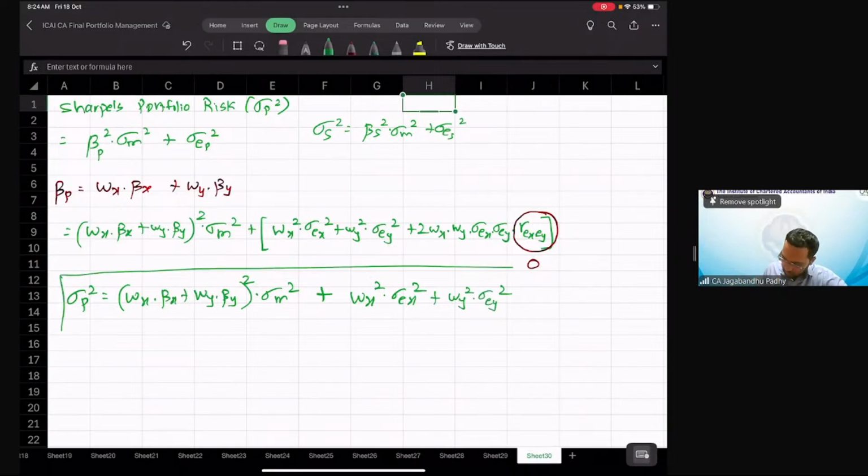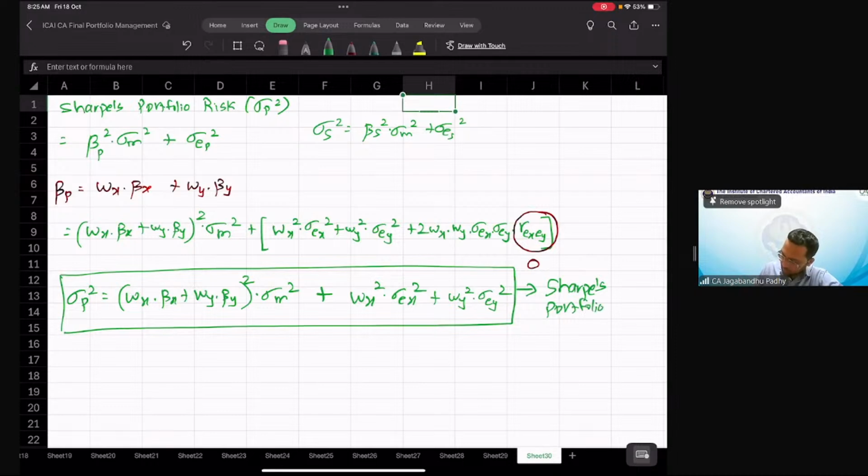This is the formula given by Sharpe to compute the variance of portfolio. What was given by Markowitz was a totally different thing, right?